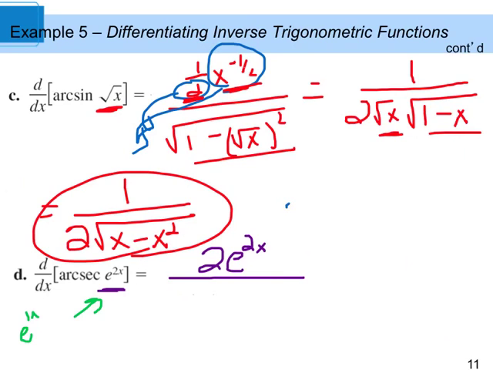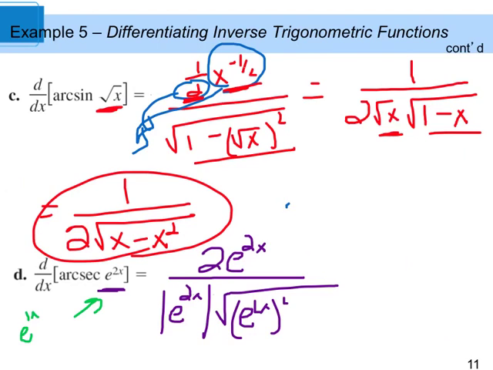And then in the denominator, we're going to have the absolute value of u times the square root of u squared minus 1. So the only simplifying that we really can do is, first off, e's are always positive, but this whole thing's going to be gone anyway.